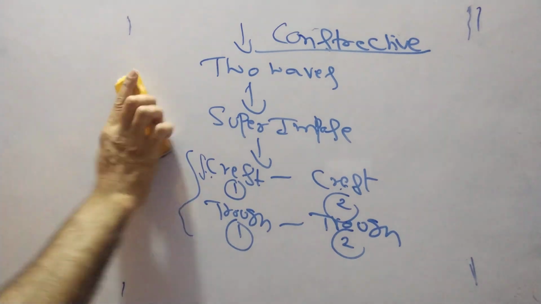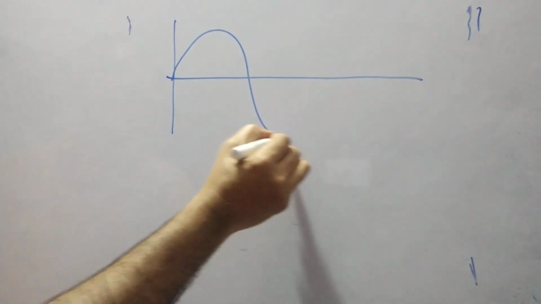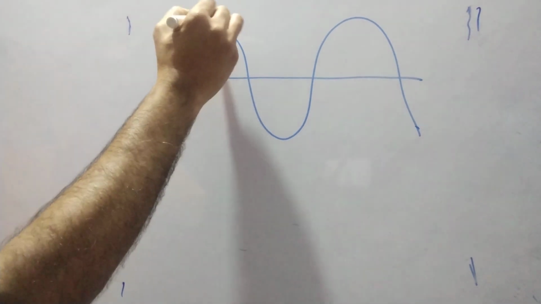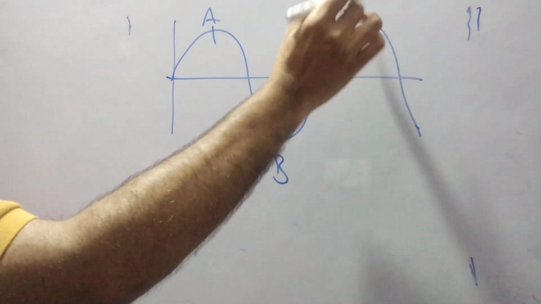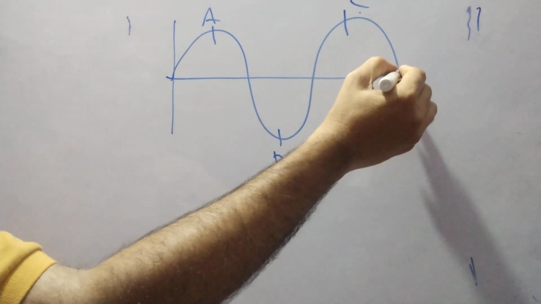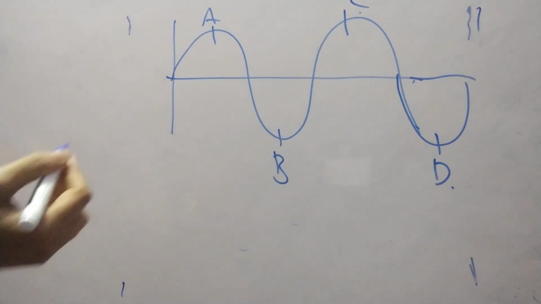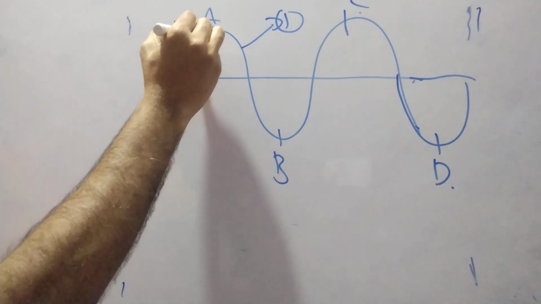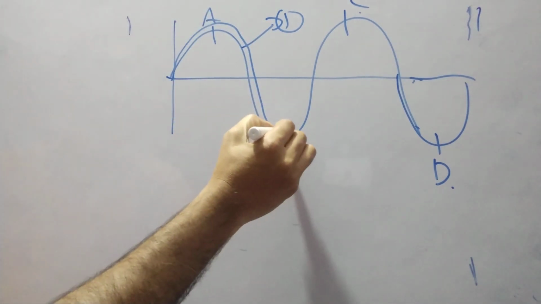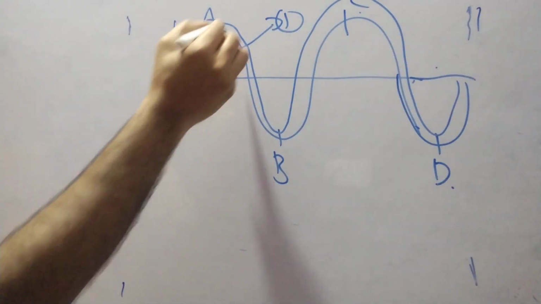Now we'll see the wave. One wave is like this: this is crest, this is trough, this is crest, and this is trough. This is wave 1. Now I am taking another wave like this, the second wave.